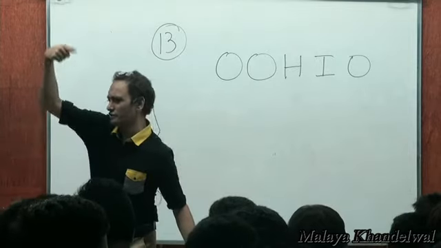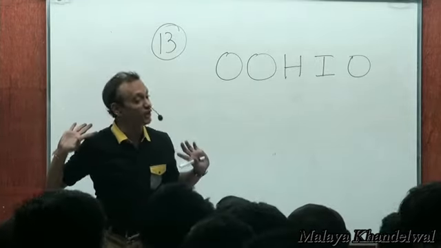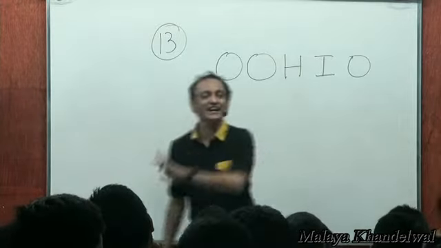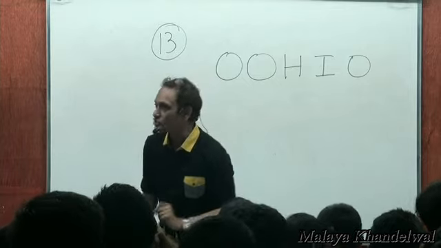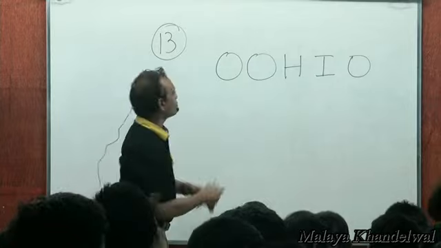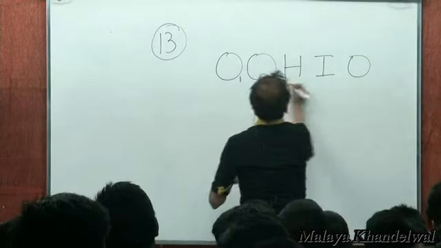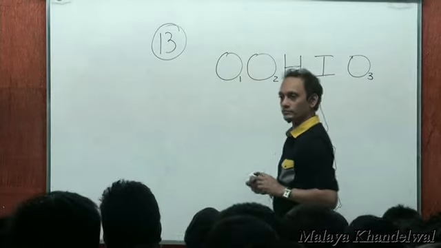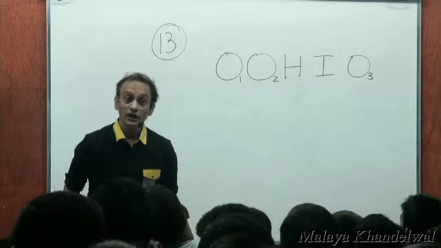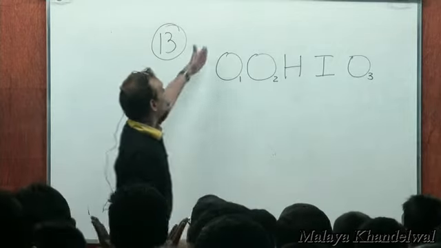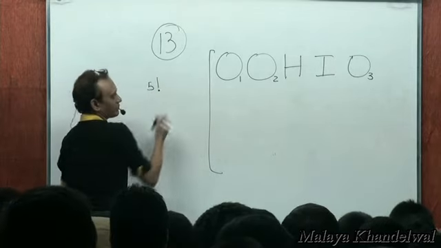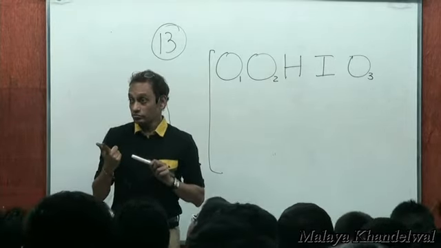If they were all different, then it would have been 5 factorial. But now, I have 3 of them out of 5, 3 are alike and of one kind. Yes or no? So what I do is, well, for a moment, I imagine these to be different, O1, O2, O3. If they were actually different, then the total number of permutations would have been 5 factorial taken all at a time. Right?